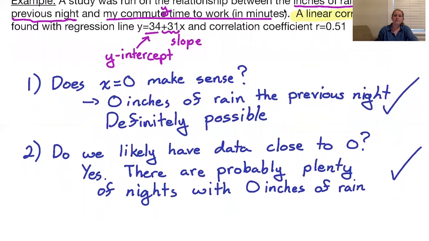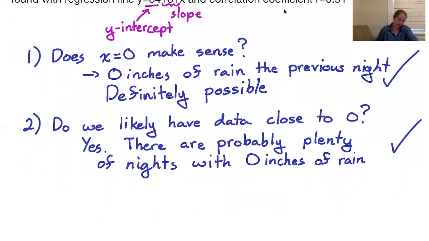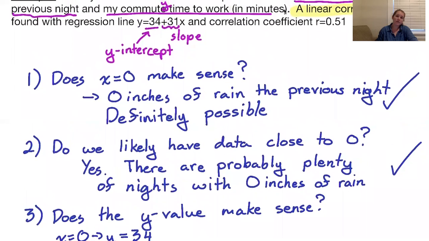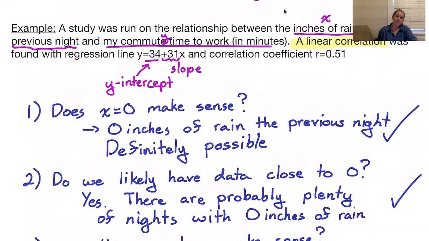And then next up, does the y value make sense? So in this case, for the y-intercept, when x equals 0, y is 34.